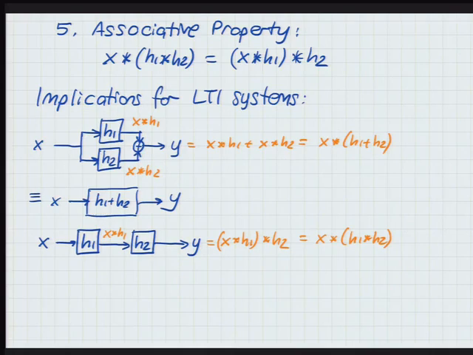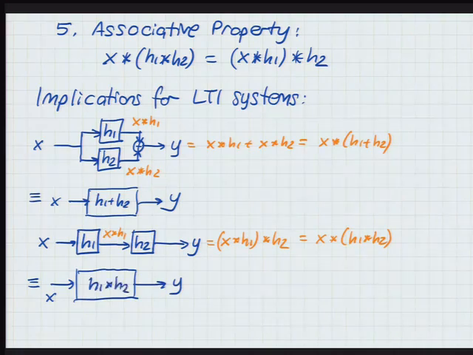Connecting two LTI systems in series amounts to having a new composite LTI system whose impulse response is h1 star h2. So if you're connecting LTI systems in parallel, add up their impulse responses. If you're connecting them in series, convolve their impulse responses and get an equivalent LTI system.